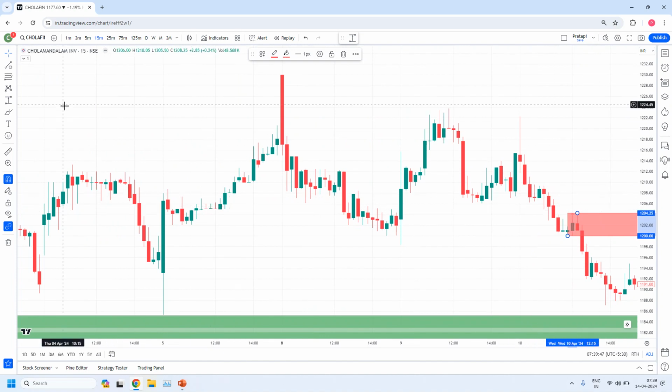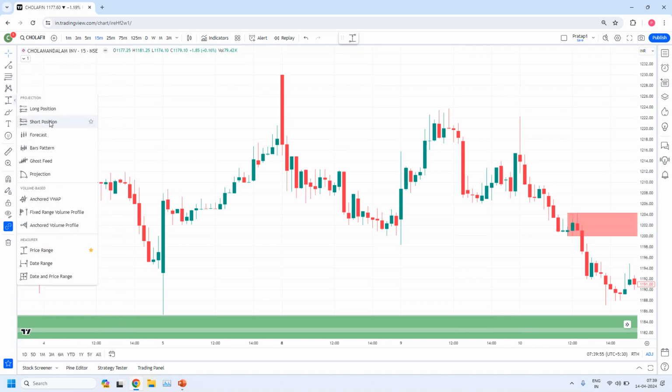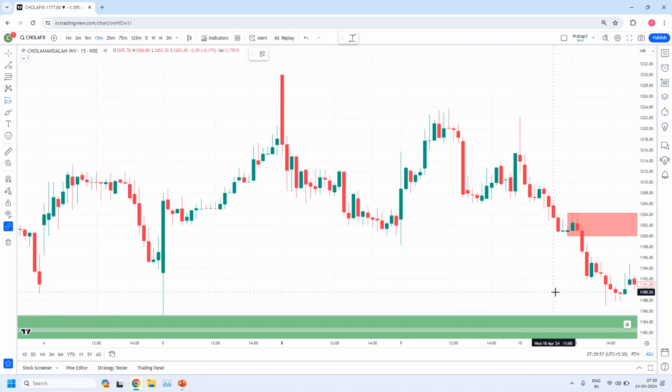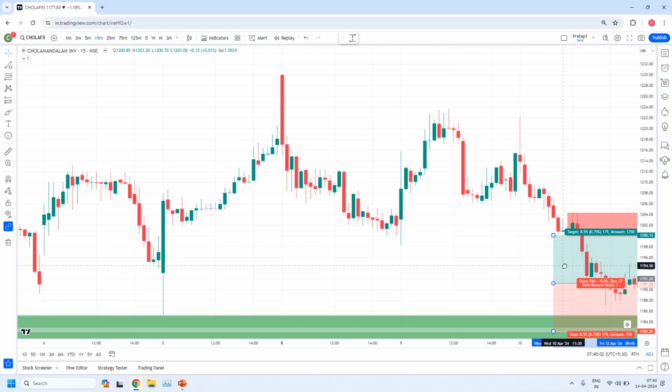What is the RR? Let us calculate the RR also. We have a long position tool. Let me keep this. Generally what you do, you keep some entry buffer, right? 1%.